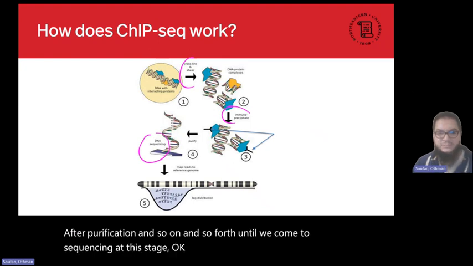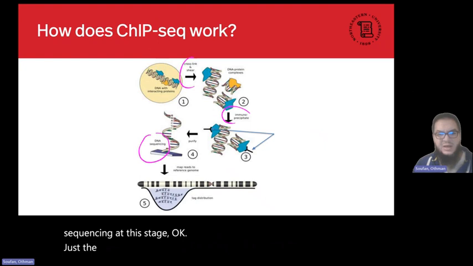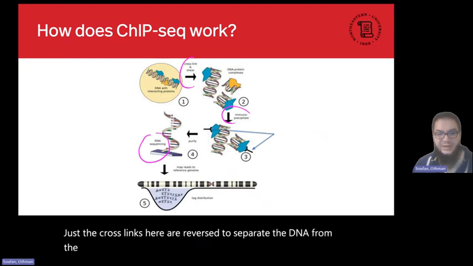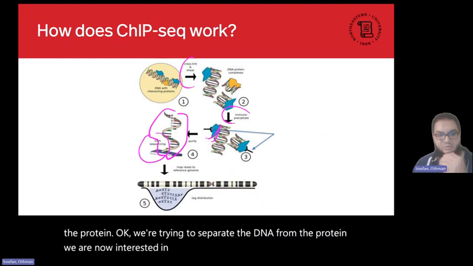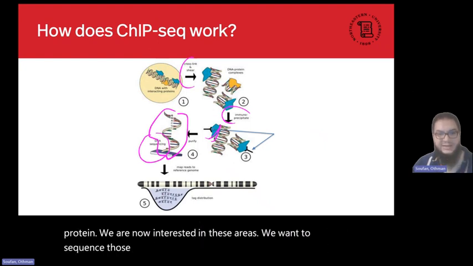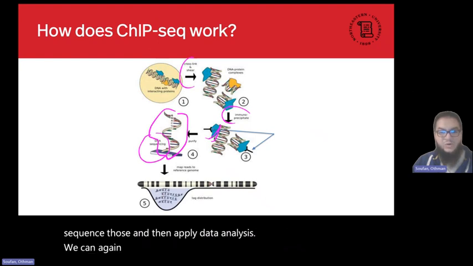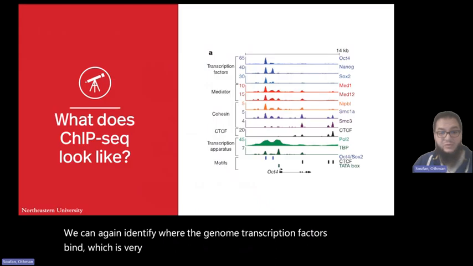The cross-links here are reversed to separate the DNA from the protein. We are now interested in these areas. We want to sequence those and then apply data analysis. We can again identify where the transcription factors bind in the genome, which is very important for us.